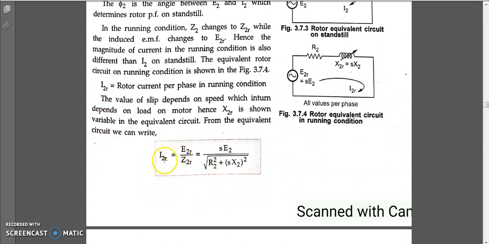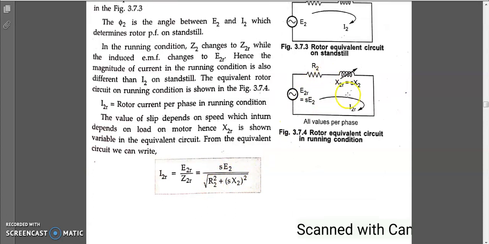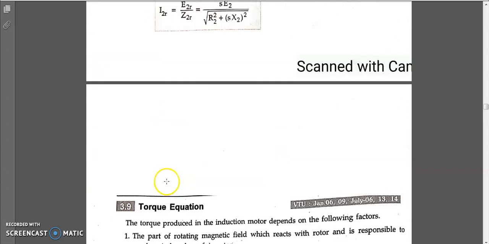With the same formula, I2R is equal to E2R by Z2R, where E2R is equal to S times E2, and Z2R is the square root of R2 square plus X2R square, with X2R replaced by S into X2. So this is the formula for rotor current during running condition.